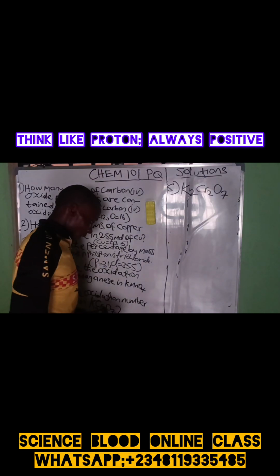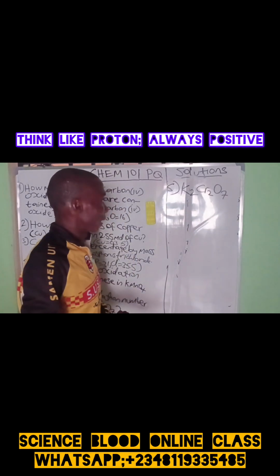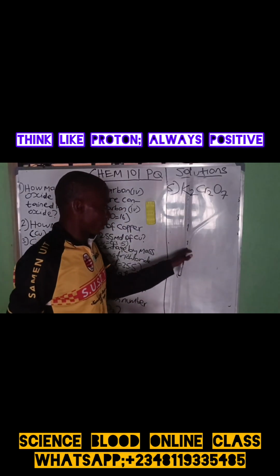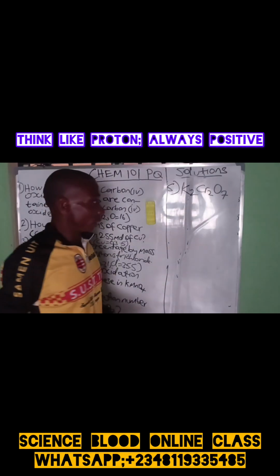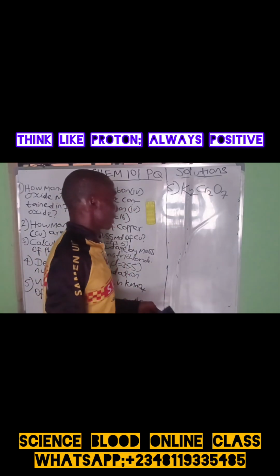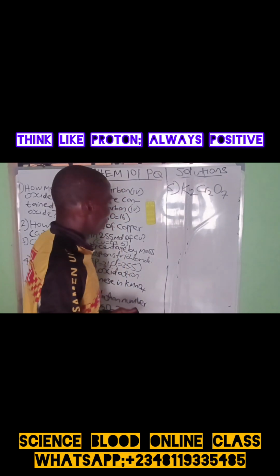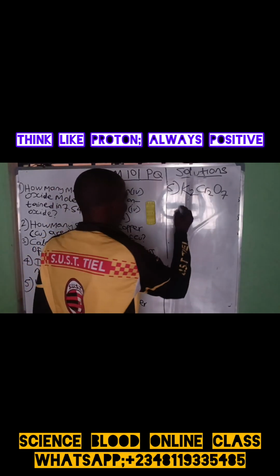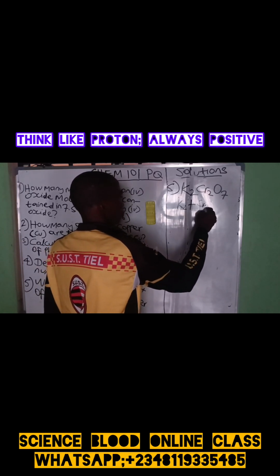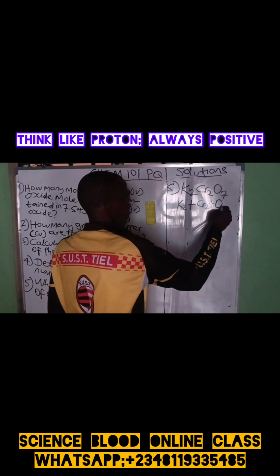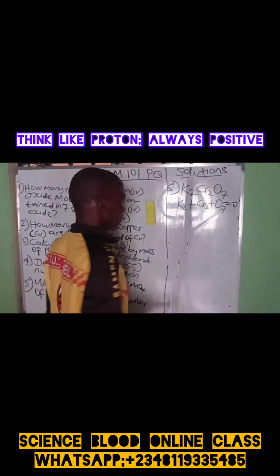Remember, like I used to say, the first thing you should do whenever you're asked to calculate the oxidation number of any element in a given compound is to split the compound into its summation form. Then the second step, we apply its valence number. So let us split this compound: we have K2 plus Cr2 plus O7. Always remember to equate everything to 0.